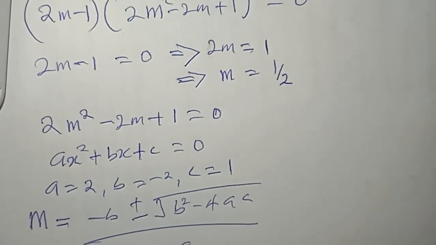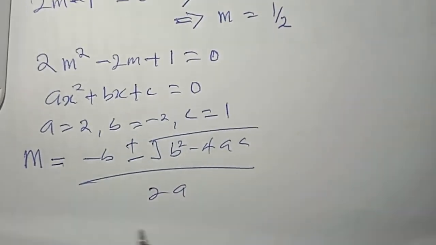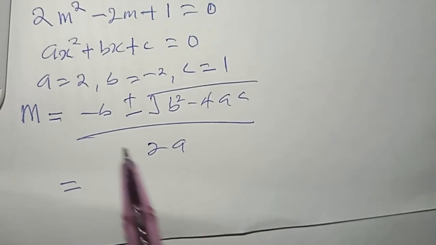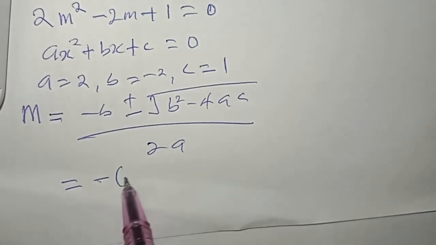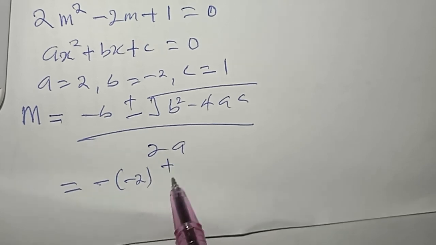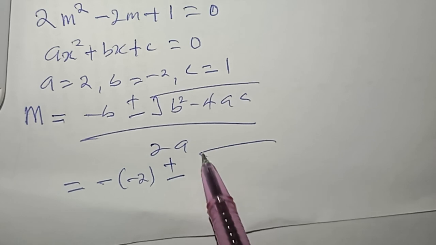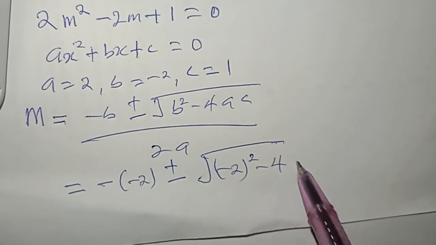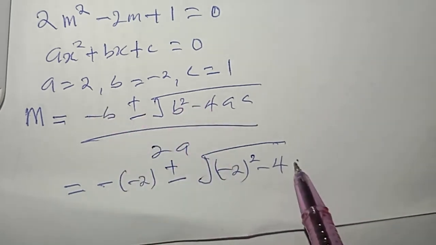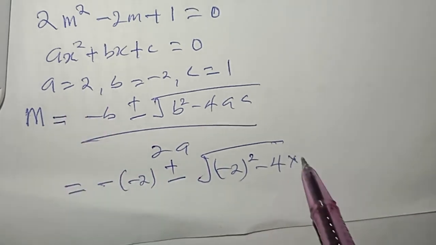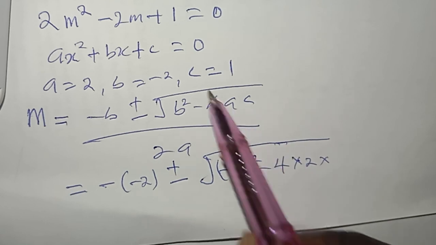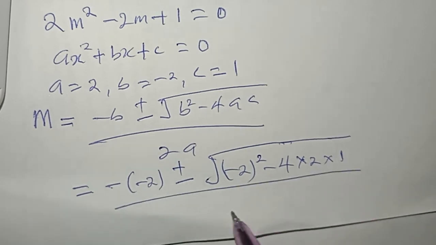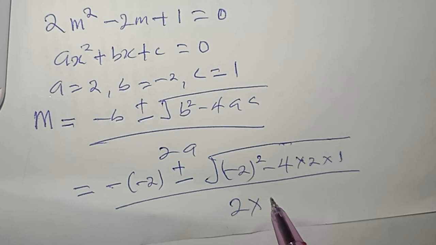So I'm going to go ahead and substitute the values of a, b, c, so that I now have minus -2 plus or minus the square root of -2 squared minus 4, a is equal to 2 multiplied by 2, and then c is equal to 1 multiplied by 1, and all divided by 2 times 2.